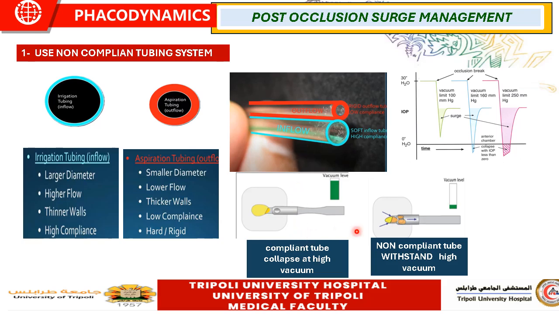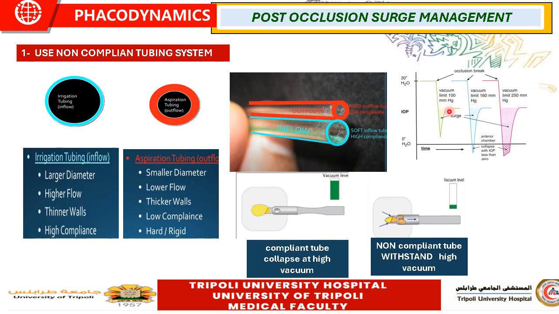As you can see here, when there is an occlusion, these are compliant tubes. If there is occlusion, these tubes will collapse, and this collapse makes the risk of surge high, because once the occlusion is dislodged, there will be sudden expansion, and this will gush the fluid out of the anterior chamber. And you can see here the relation between the compliant tubes and different pressure variables.